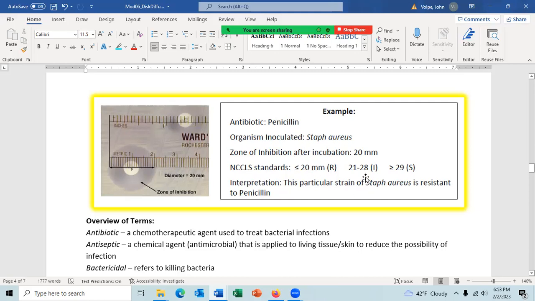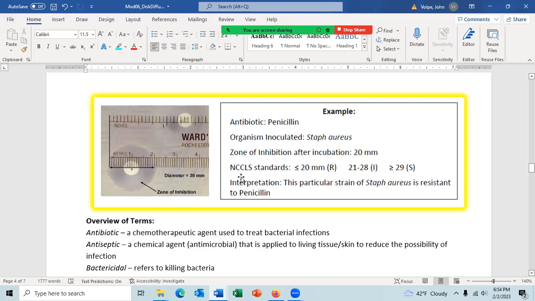If the zone of inhibition is between 21 to 28 millimeters in size, then the organism is considered to be intermediate in its resistance to penicillin. And this is penicillin G, by the way. If, on the other hand, the zone of inhibition is 29 millimeters or greater in size, then we say that that bacteria is sensitive to this antibiotic.